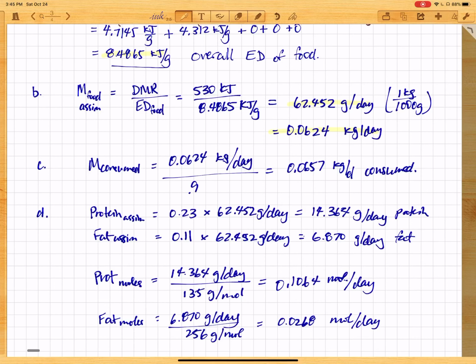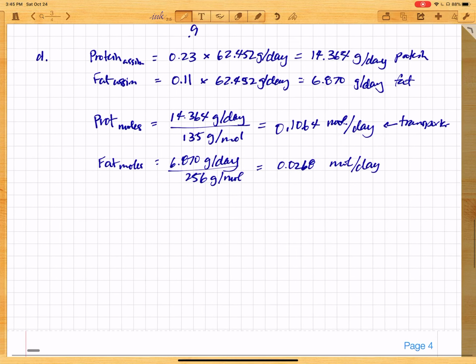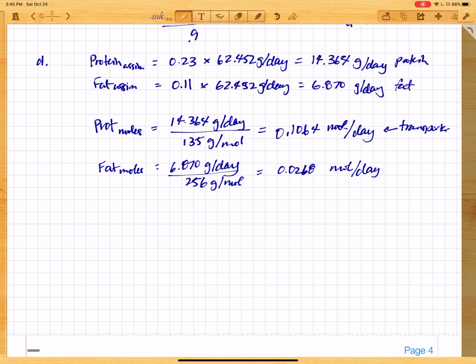Okay, so this snake is eating mostly protein, and proteins require a transporter. So that's going to be the rate limiting step for absorption. Okay, so we're going to select the proline uptake rate of an iguana because it's also a reptile, and we have a rate for that from Withers.